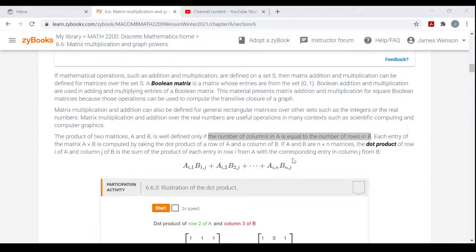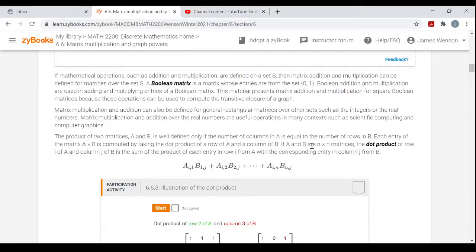All right, now how is this done? So each entry of the matrix A times B is computed by taking what's called the dot product of a row of A and a column of B. And then they define the dot product in the next sentence.